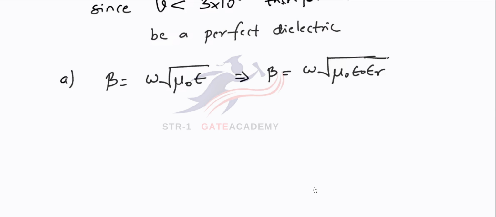Now beta is known, omega is known, and mu naught into epsilon naught is also known. So you can easily find the value of epsilon r. Now, just solve it.